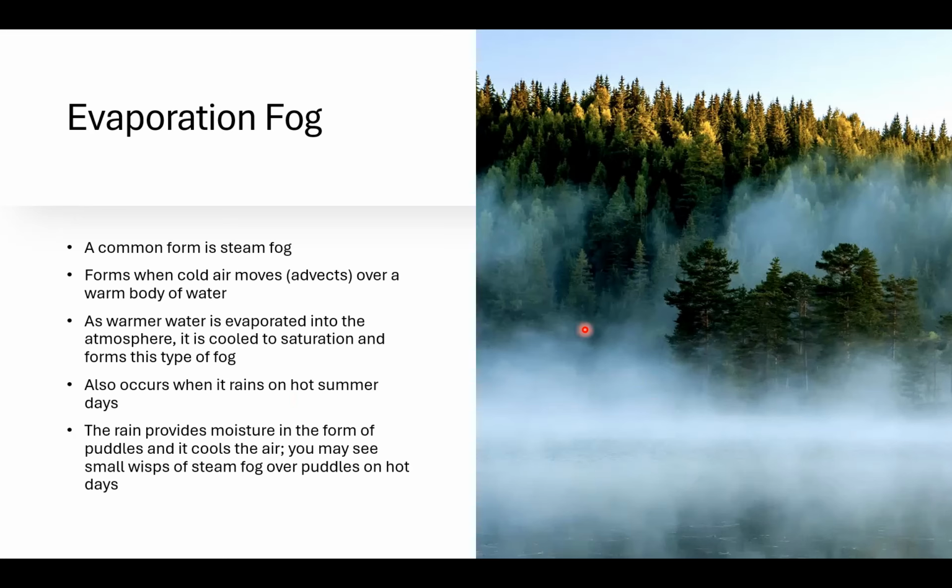But just remember, with evaporation fog, I'm going to spell it out right here for you to remember. It is like this: cold air is going to be moving over warmer water. Okay, that's what forms this evaporation fog. So cold over warm situation. Colder atmosphere, warmer water surface.